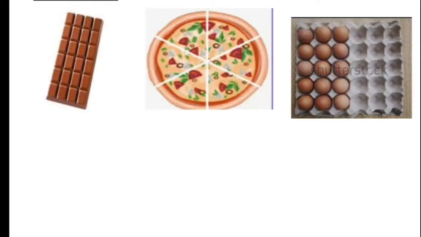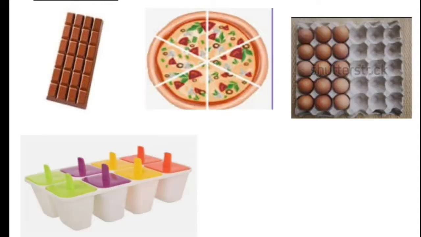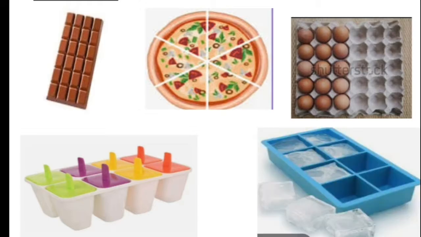Similarly, pizza, egg tray, ice cubes and ice tray. These all are examples of fractions. Why? Because if we observe properly, we can see each is the same size. A same size is divided for many.